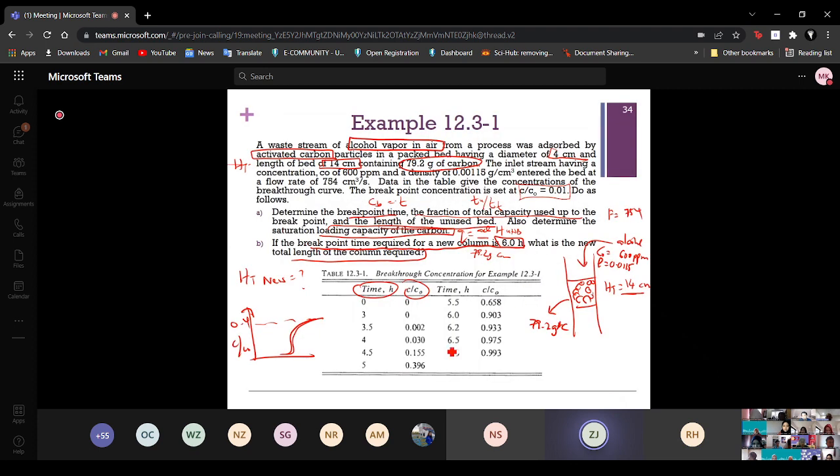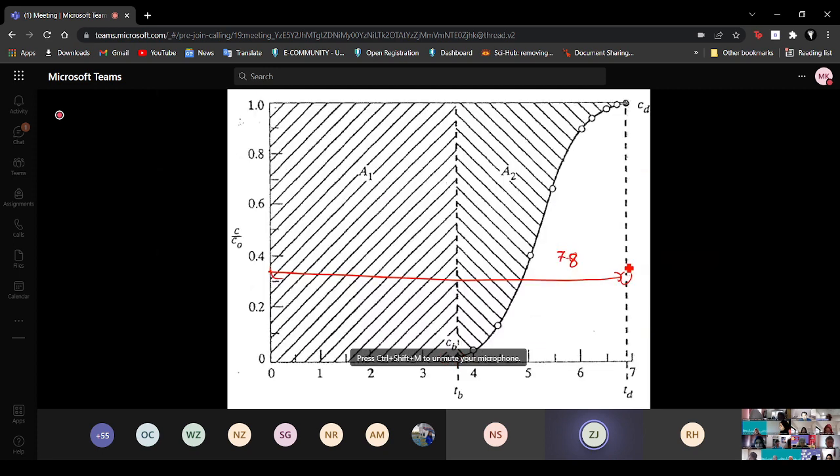Okay, sorry, 6.8 let's say. Or if you extend it a little, you get 7.0.